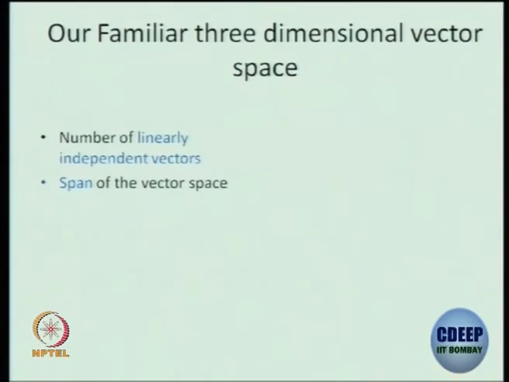Many times you won't even know what the dimension is, you have to figure it out in general, okay. So here linear independence is the definition I have said, and you also have to know, if you are given a space, how do you span the space? Span means you should be able to write any arbitrary vector using those spanning vectors, okay.